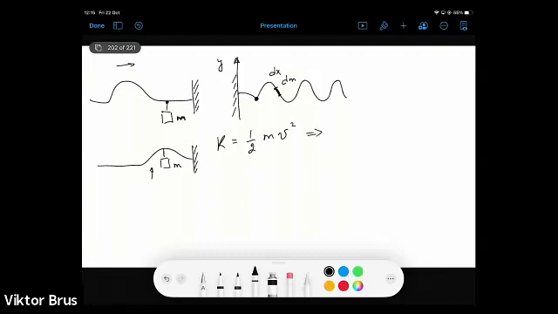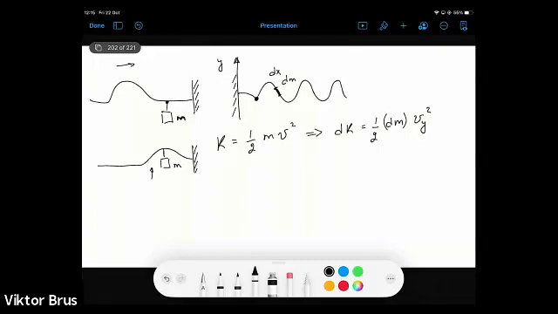So for this particular small element of the string, we can write dk, the small kinetic energy, equal to 1/2 times dm times vy squared, which highlights that this motion happens along axis y.